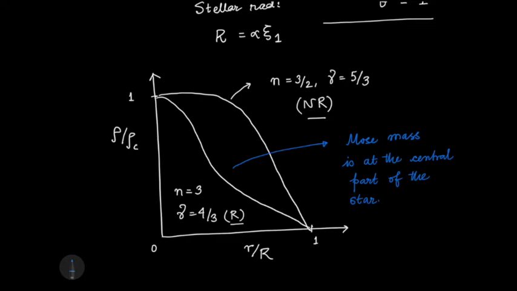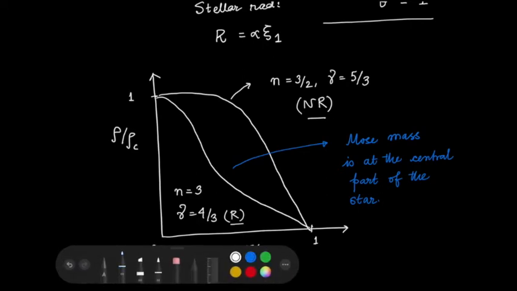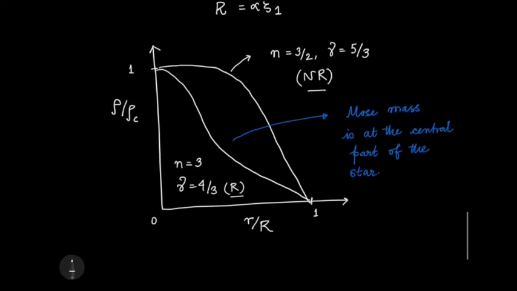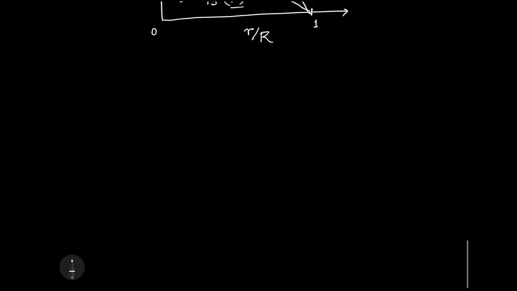Alright, let us try to calculate how we can write down the expression for the total mass of such a star. How do I calculate the total mass of such a star? It is very, very simple.